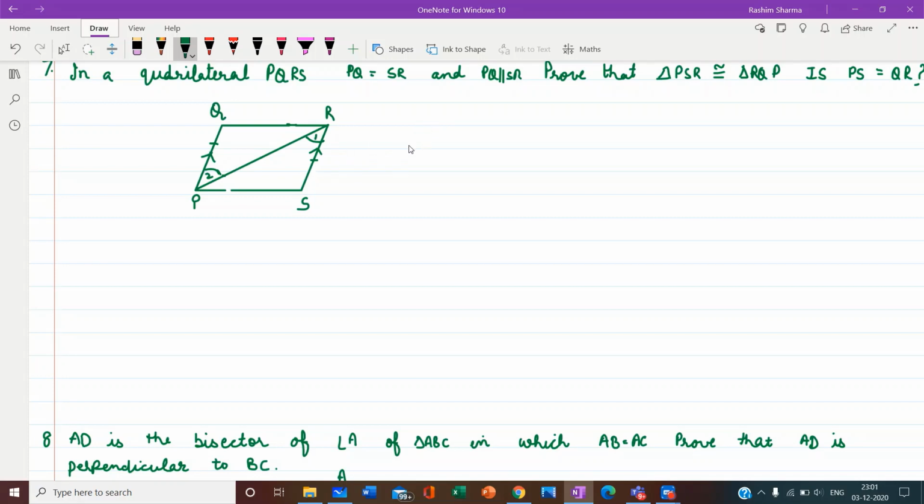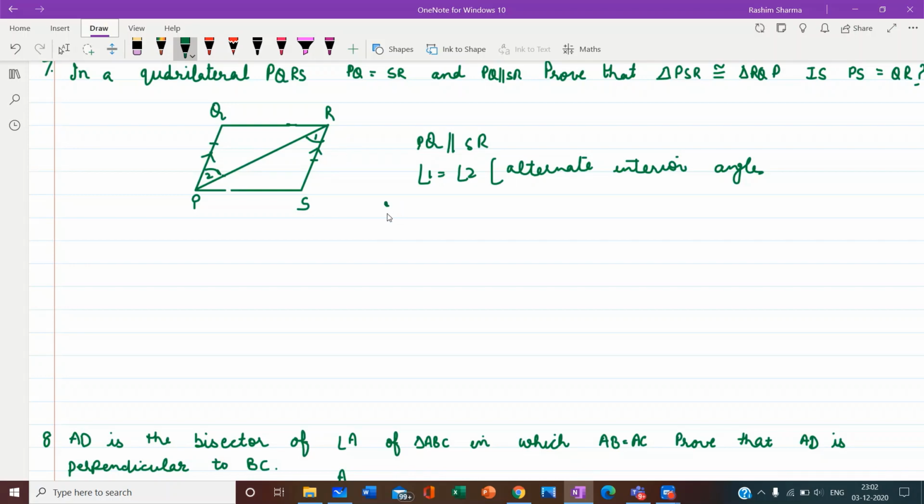So here we can see when PQ is parallel to SR, angle 1 is equal to angle 2. Why? Because these are alternate interior angles. Here PR is a transversal and these two sides are parallel, so angles 1 and 2 are alternate interior angles.